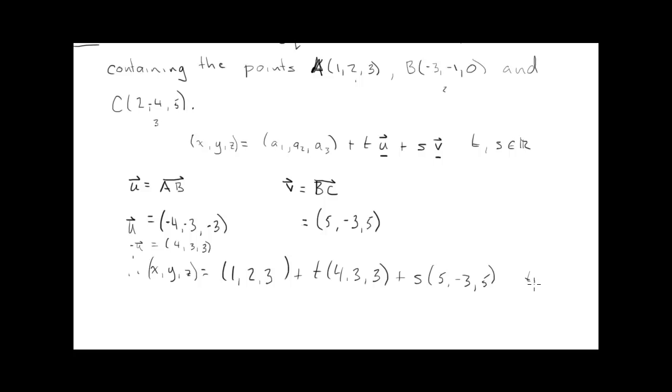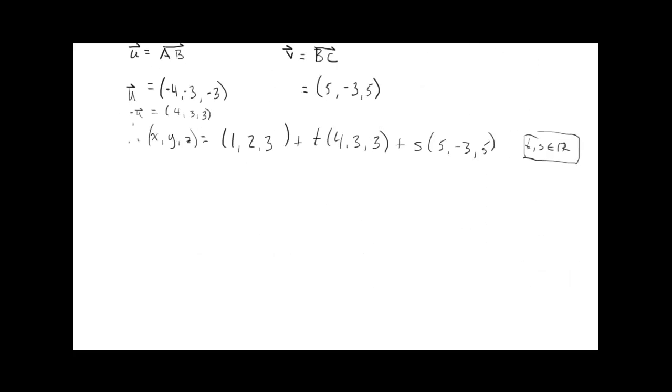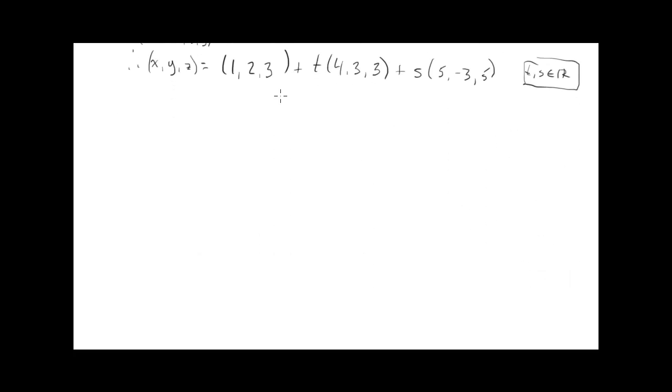So t and s are real numbers. You should always remember to write that. It's important, something you should always write. And then if we want the parametric equations, we'll just write the components.